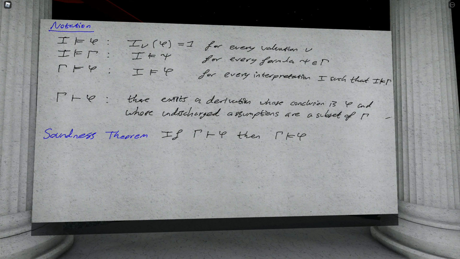And then you just need to argue that for every single inference figure, all of the models that make the formula on the top line true also make the formula on the bottom line true. It's slightly more complicated than that when you have the usage of discharged assumptions.